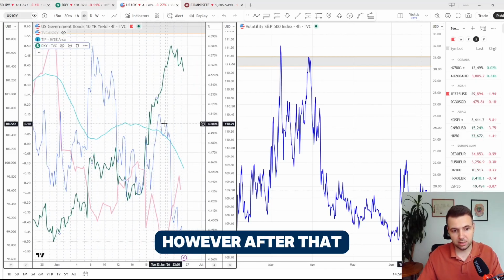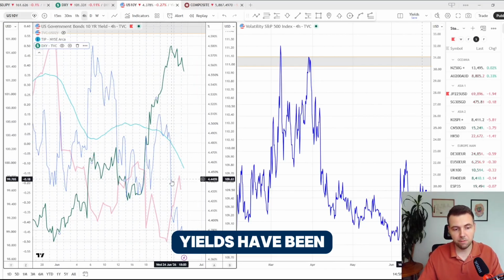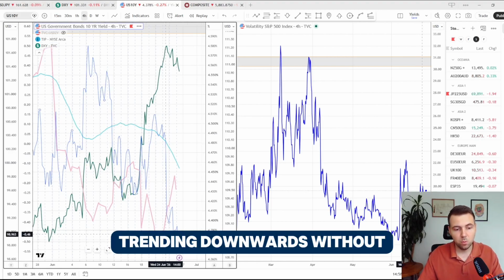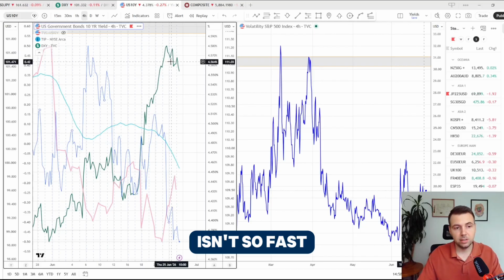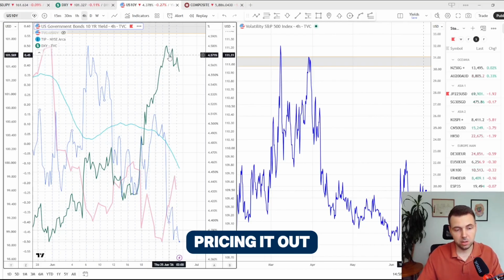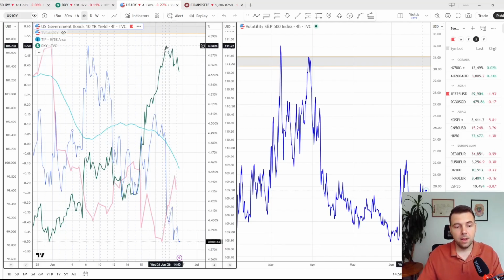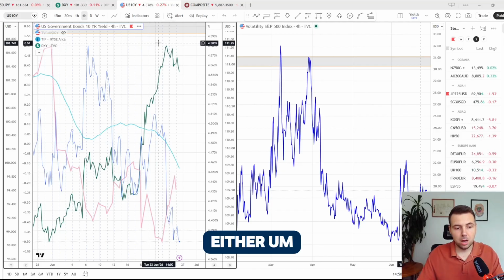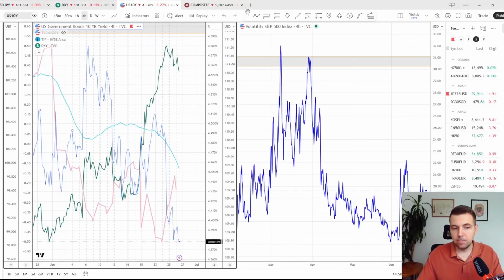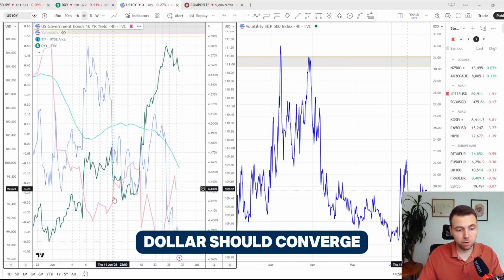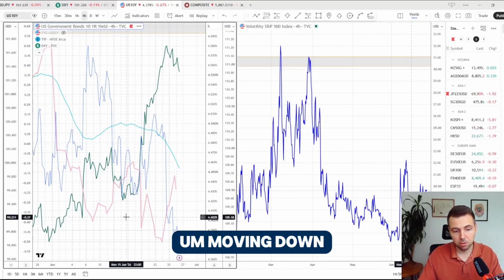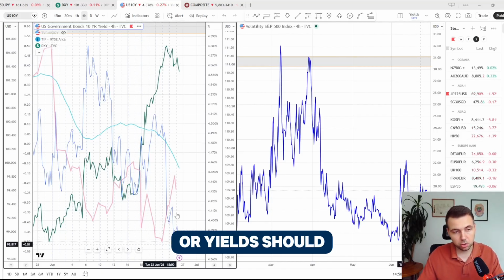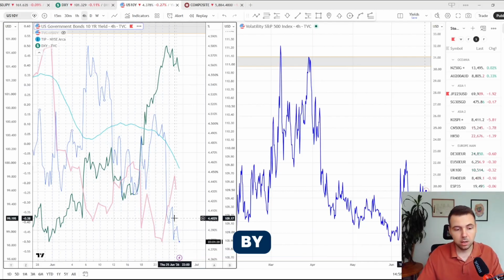However, after that, yields have been trending downwards without looking back, but the dollar isn't so fast pricing it out. So either the dollar should converge with yields by moving down, or yields should converge with the dollar by going up.